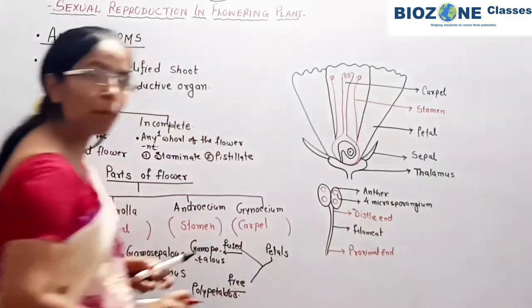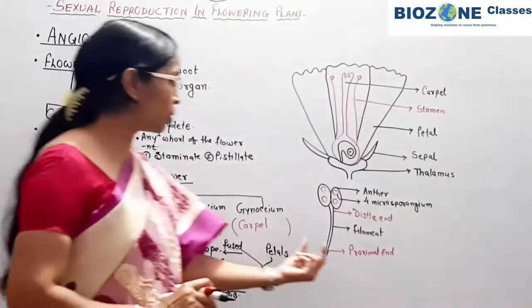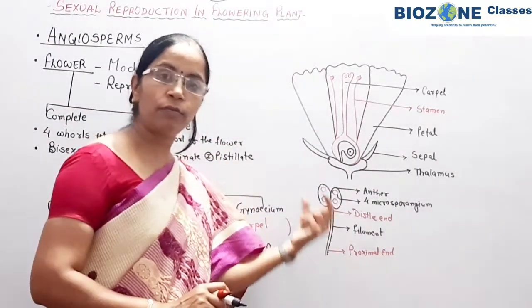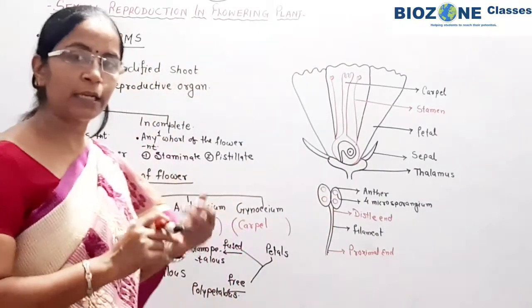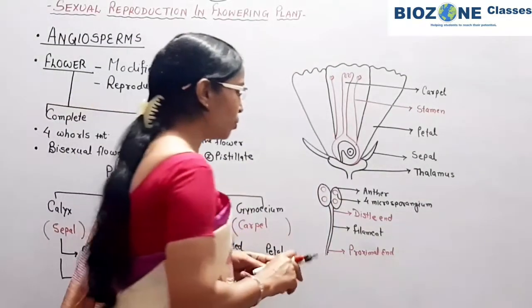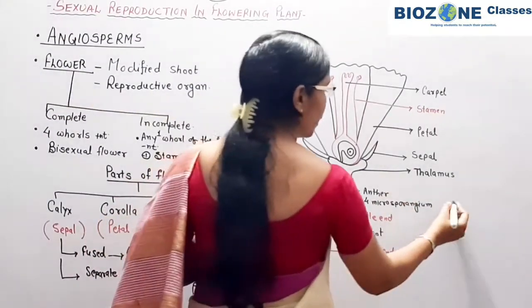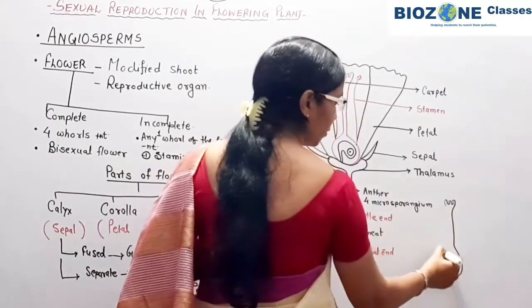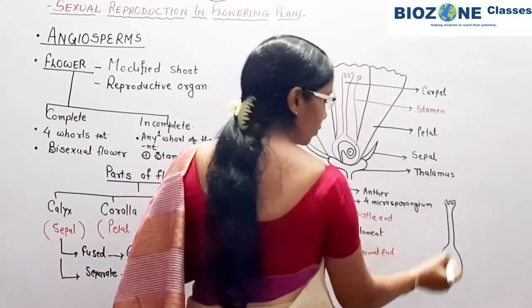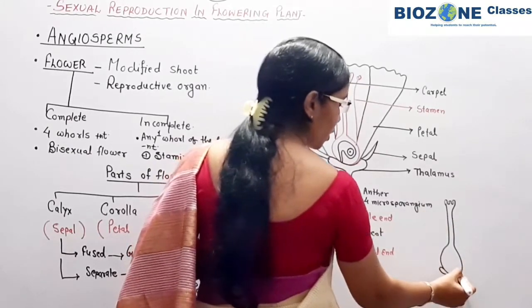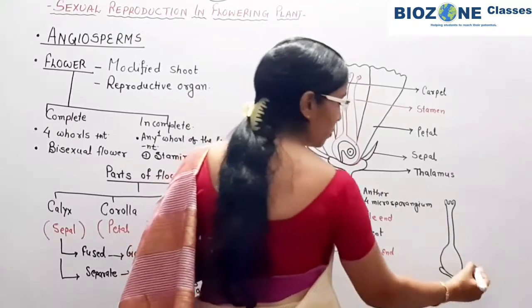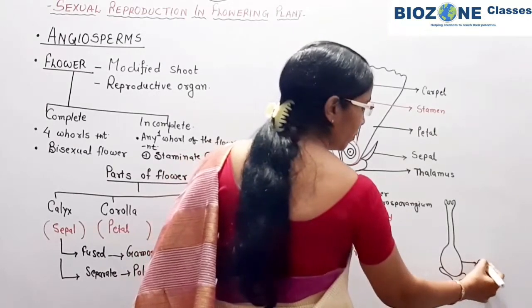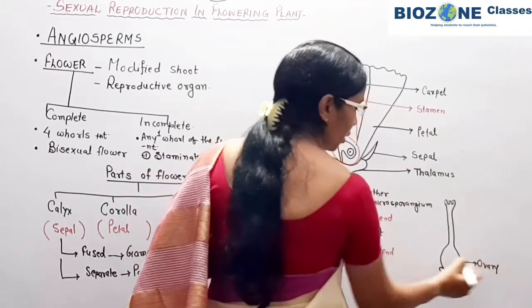This part you remember very well because this question was already asked in the NEET exam recently. Within the last 3 years' question papers you will observe this question. After that, when we come to the gynoecium, the swollen part of the gynoecium, or the proximal end of the gynoecium, is called the ovary.